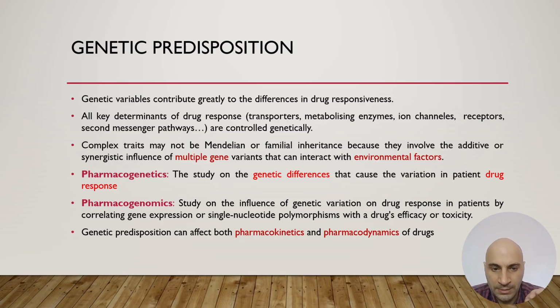How we correlate specific differences in genes, which comes down to single nucleotide polymorphisms, SNPs. Every single nucleotide difference, what is its effect on the drug response?